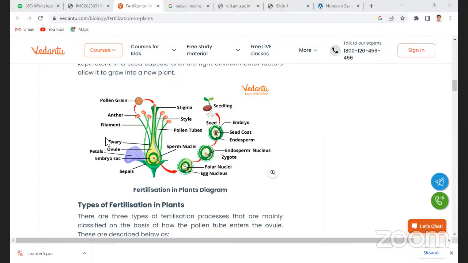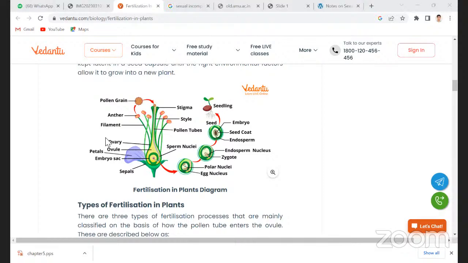In generally the angiosperm members, it is triploid, in the 3N condition, but with the number of polar nuclei varieties and different types of embryo sacs, the cytological nature of endosperms also shows some variation.